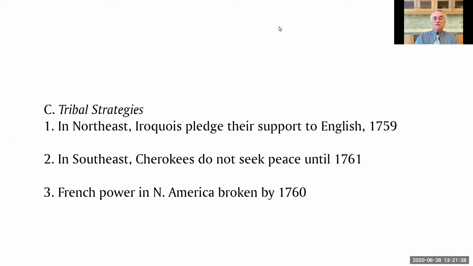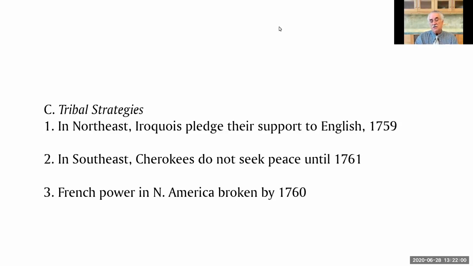But in 1757, the turning point came because William Pitt became the new Prime Minister of England, and William Pitt decided to commit money and troops in much greater amounts to the American campaign. And so William Pitt threw all of England's military might, muscle, and money into the American theater of war. And the tide began to turn right away.